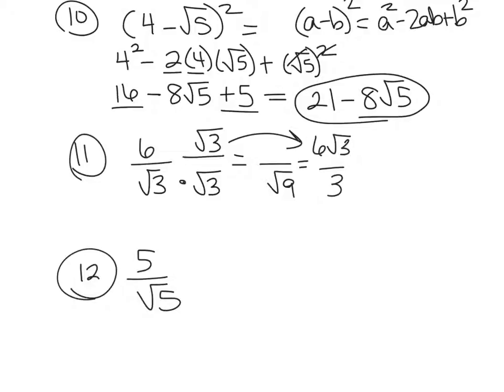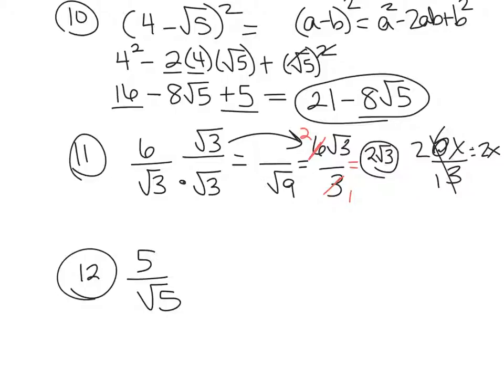Now we're not completely done, because when you look at the numbers in front, again, if this was like 6x over 3, you would simplify and say, oh, it's 2 and 1, so you got 2x. So we're going to do the same logic here. 6 and 3 can be simplified, so your final answer will be 2 root 3. And that's your final answer for number 11.